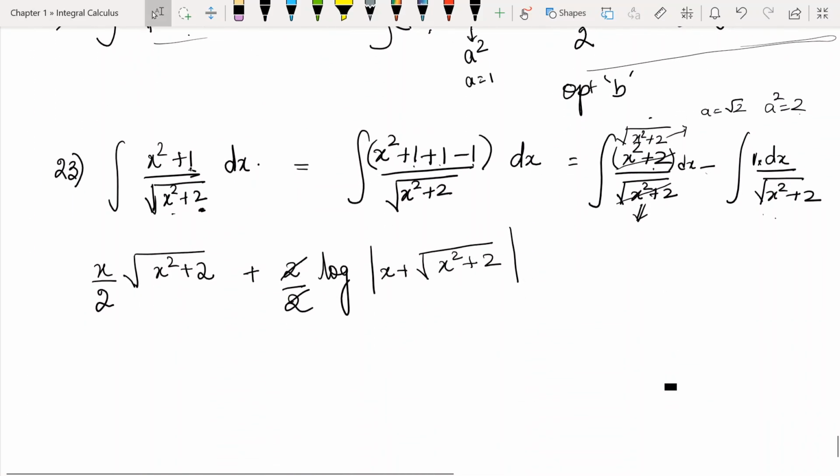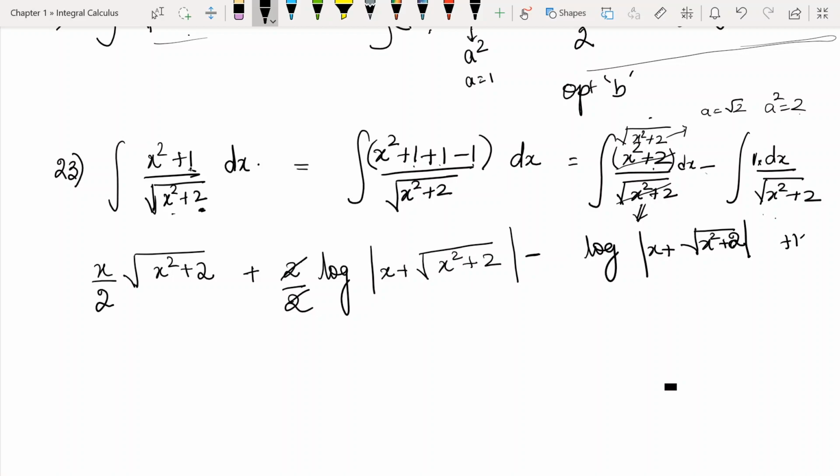So now let us integrate this term. Put the negative as it is. It will become log of x plus root of x square plus a square, which is 2 in this case. Close the bracket plus k.